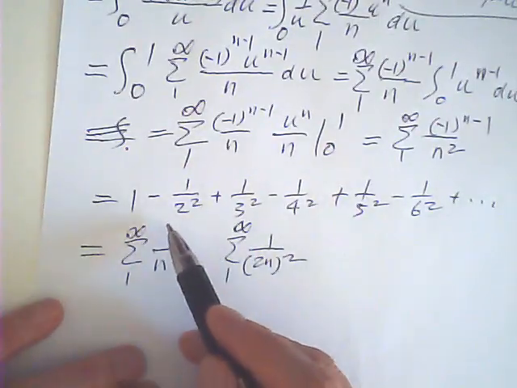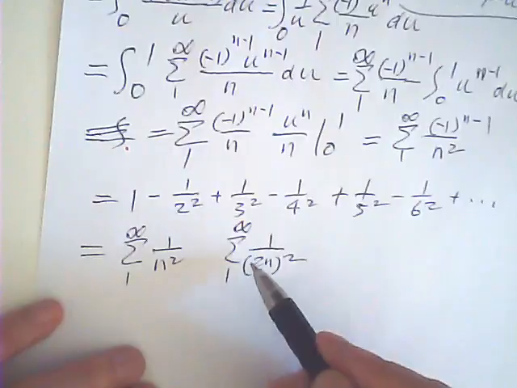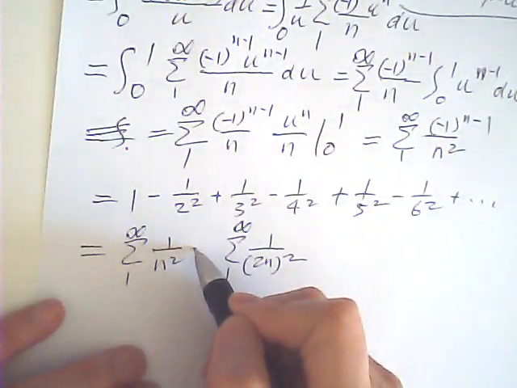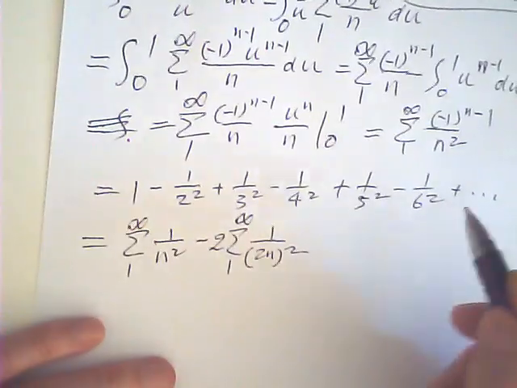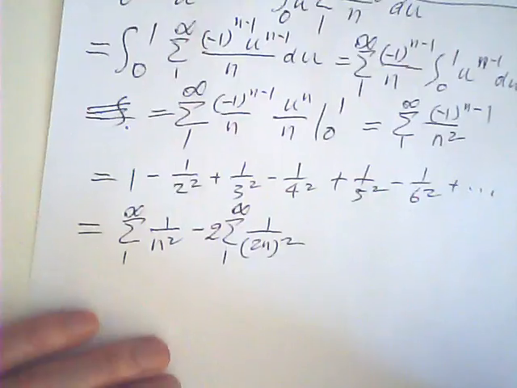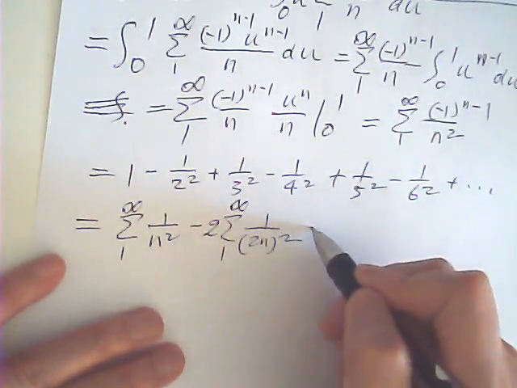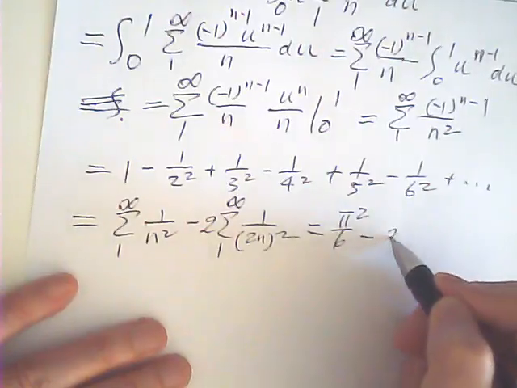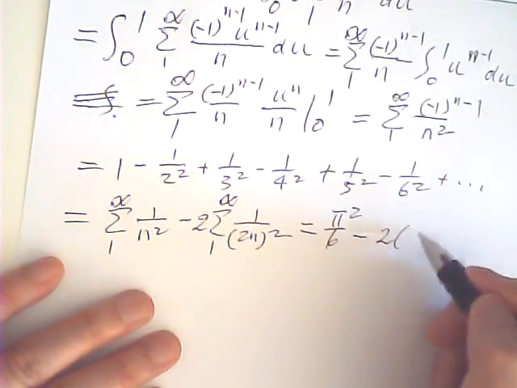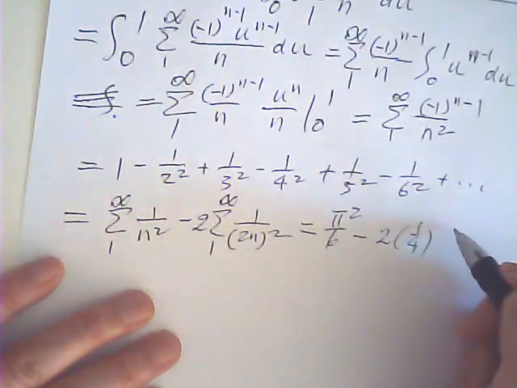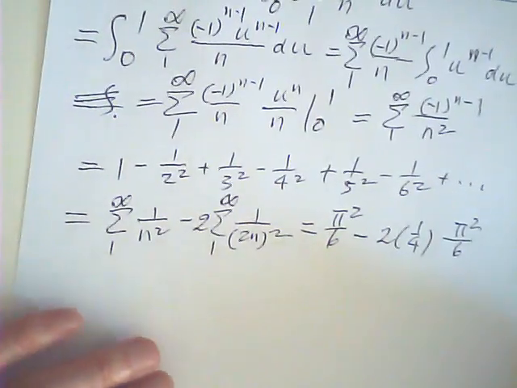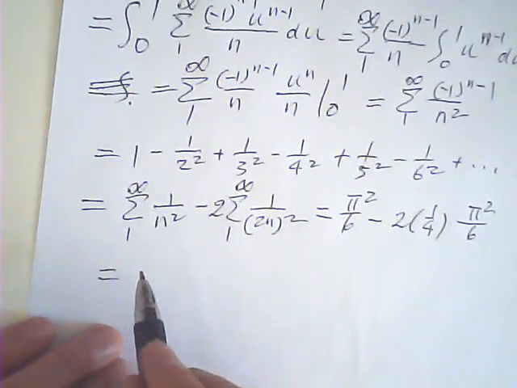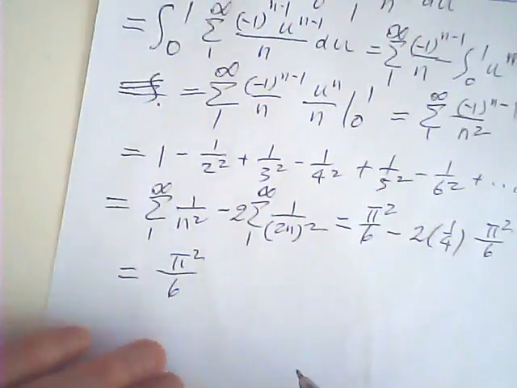You have to take a 2, then make up this series, alternating. If you take only 1, it becomes 1, 3, 5, and so on. So this one is pi squared over 6 minus 2 times a quarter of pi squared over 6. Yeah. So finally, this one becomes pi squared over 6 times a half.